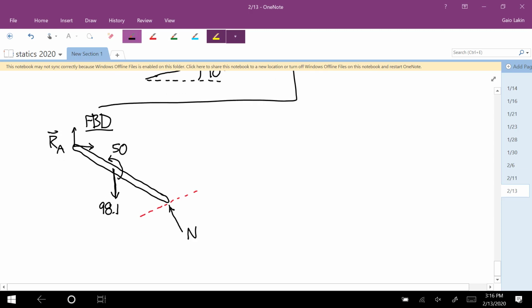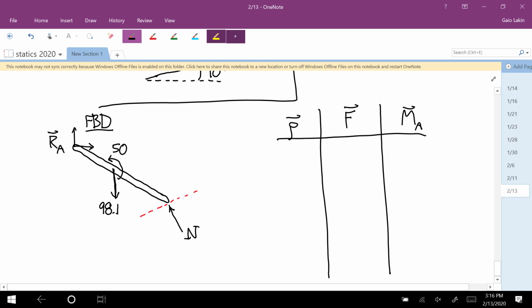I'll call that N. And for the table, I'm going to put the about point there. So RA, the row vector is 0. The force vector is RAX, RAY, and the moment is 0.